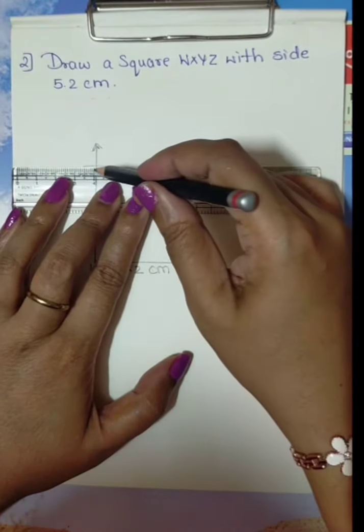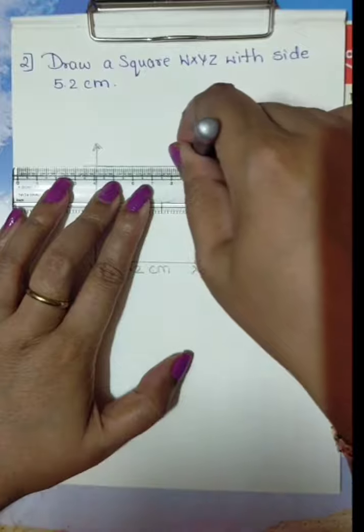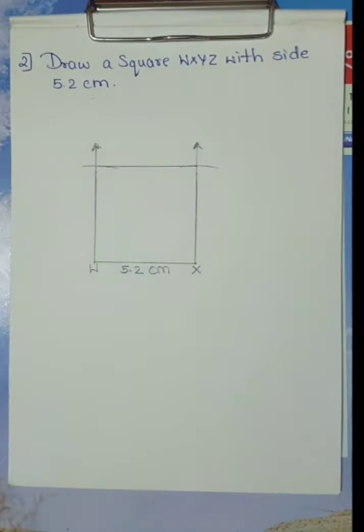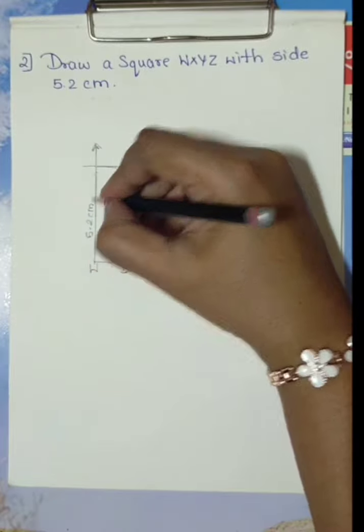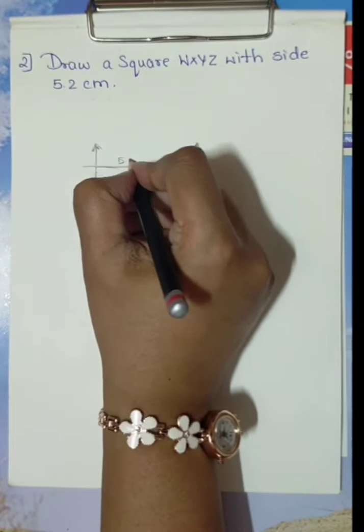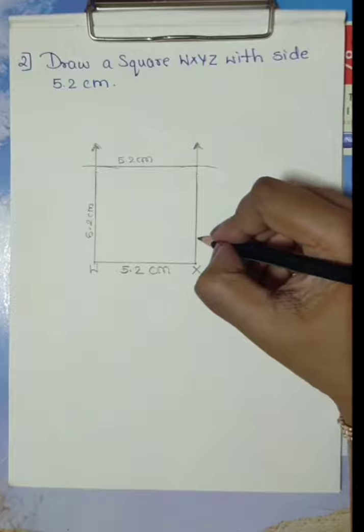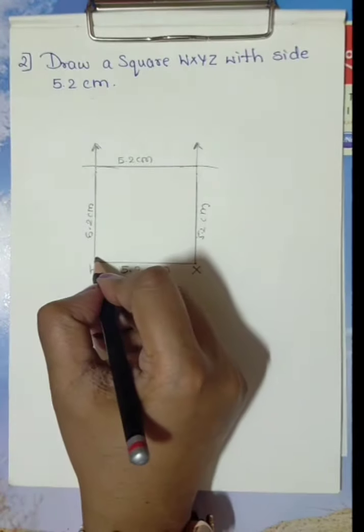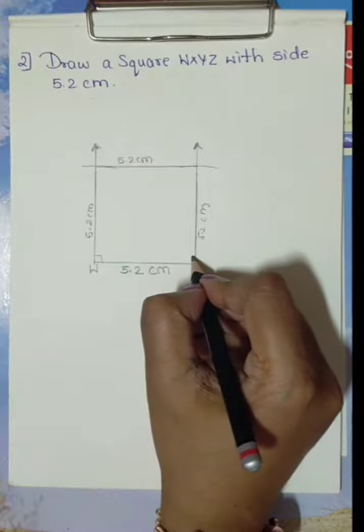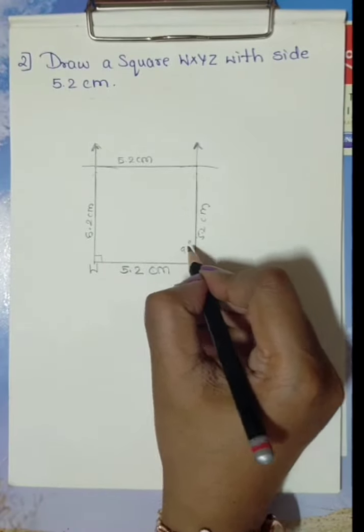Okay, now here we have to join these 2 points. I hope it is visible. So I am joining these 2 points. Okay, so square have 5.2 centimeter. Okay, this is 5.2 centimeter and with each angle of 90 degree.